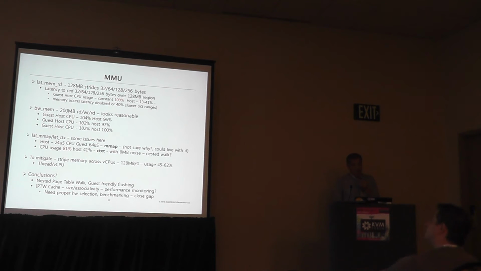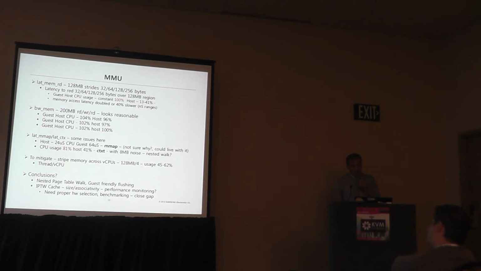This is not good. Of all the issues that I've pointed out here, this is probably the biggest one. When you run bandwidth memory, everything looks great. This is very realistic, no problems here.